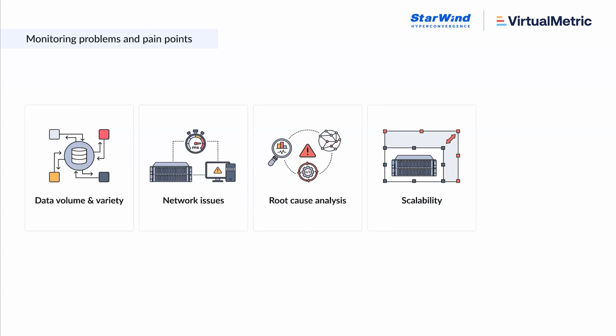Yeah, so the next one, scalability. This one is relatively simple. The infrastructure grows or changes, and it could be a very rapid process, right? So keeping the monitoring system up to date and able to reflect the changes can be very challenging, especially considering the time and resources that are required to keep that all up to date.